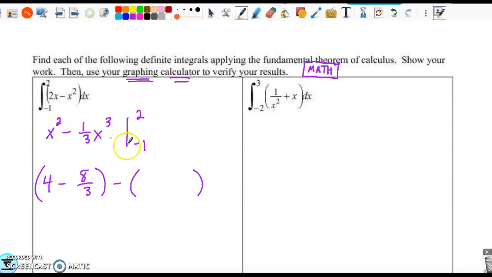When you plug in negative 1 squared is 1. Negative 1 cubed is a negative, so it turns into plus 1/3. It might be worth your while to change this to be 12/3, which is equal to 4. 12 minus 8 would be 4/3, minus 3/3, so plus 1/3 would be another 4/3. Things will cancel out and you get 0.